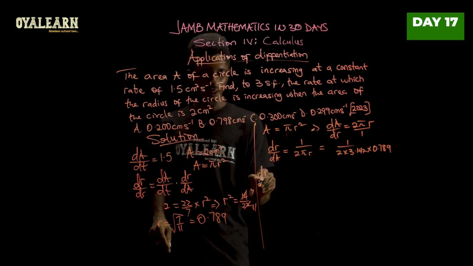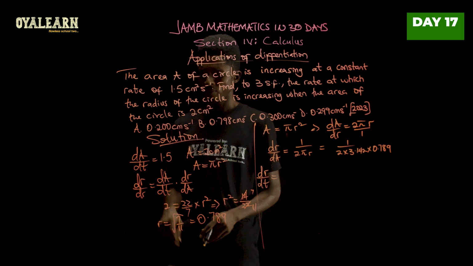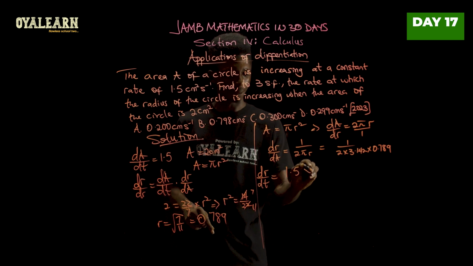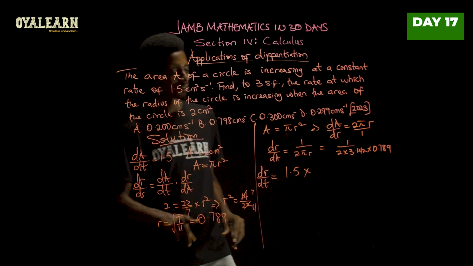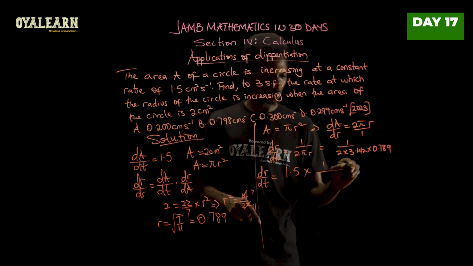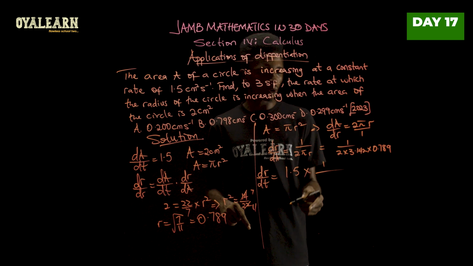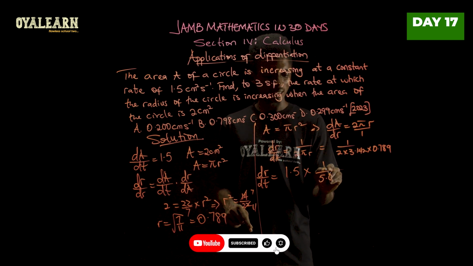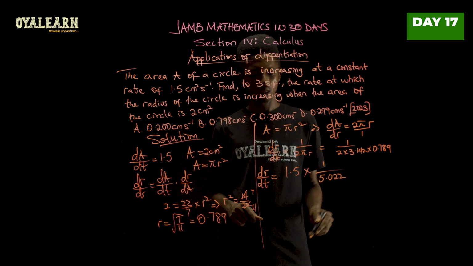The dr/dt would then be dA/dt, which is 1.5, multiplied by the dr/dA, which is this 1 over. Now when we multiply this, we will get 5.022.